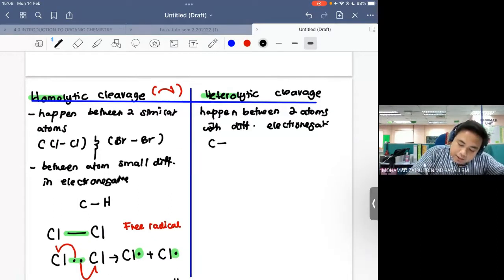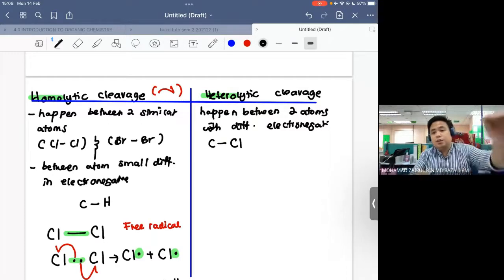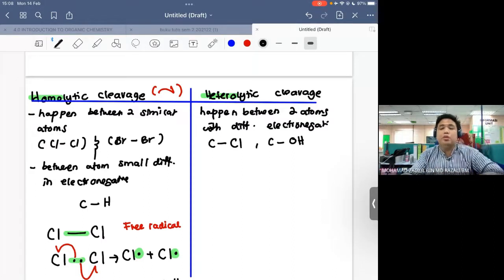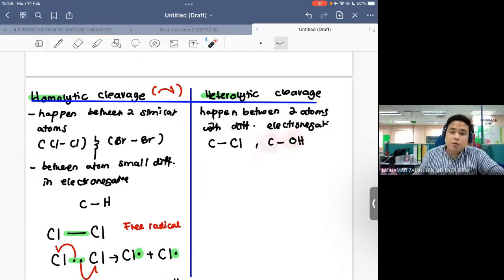Between carbon and chlorine, there will definitely be different electronegativity, because carbon is in group 14 and chlorine is in group 17. And another example, if I have COH, it can also undergo heterolytic cleavage, because the difference in electronegativity between oxygen and carbon is quite large.